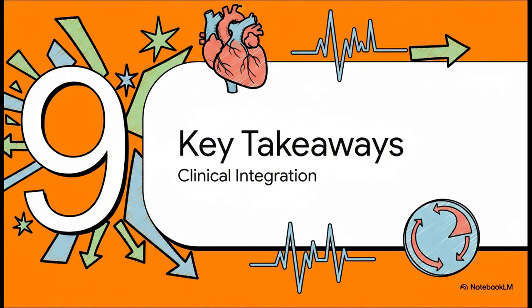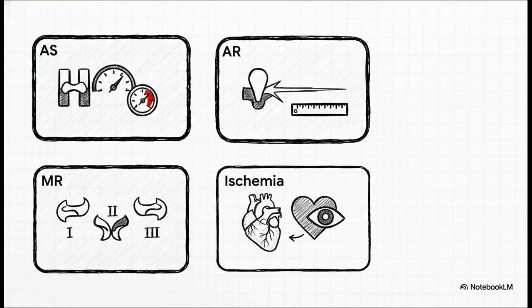Whew, we have covered a massive amount of information. So let's take a moment to pull it all together and boil it down to the most important high-yield points that you can start using in your practice right away. So let's wrap this up. For aortic stenosis, your key tools are peak velocity, mean gradient, and the aortic valve area from the continuity equation.